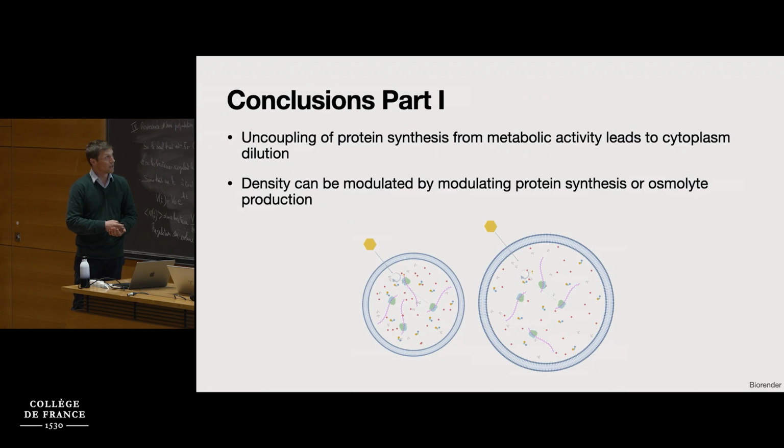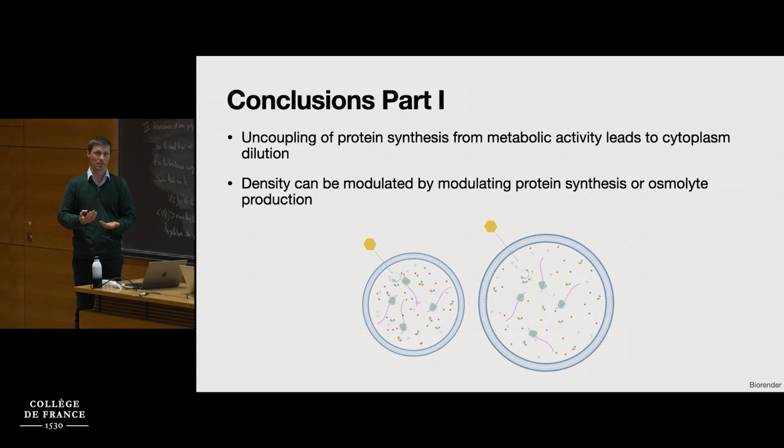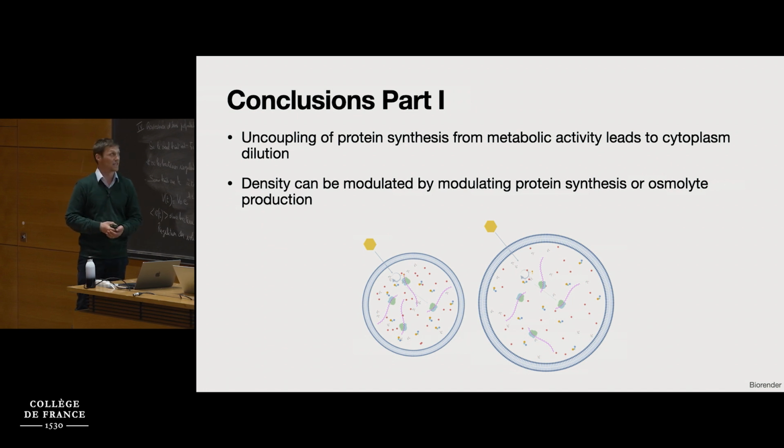So I think we understand pretty well now how cell volume and protein increase can become uncoupled from each other in the absence, notably, of any osmotic perturbations. That can happen because the rate of protein synthesis can become uncoupled from the metabolic activity of a cell, and so from the accumulation of osmolytes.